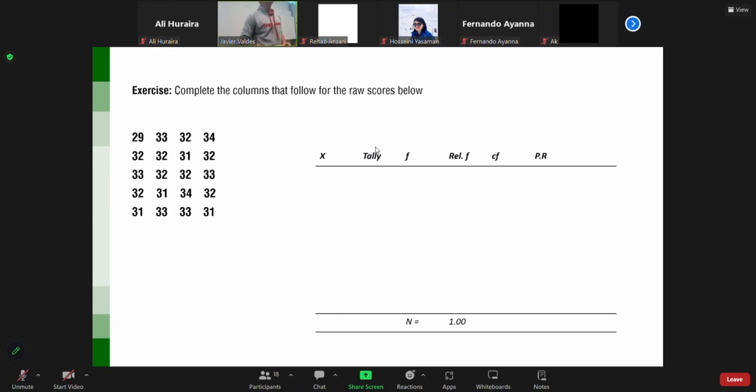Yes, question? The cumulative frequency and the PR. Okay, the cumulative frequency, in this case, first you have the data ordered from the highest value to the lowest value. This is the first transformation.